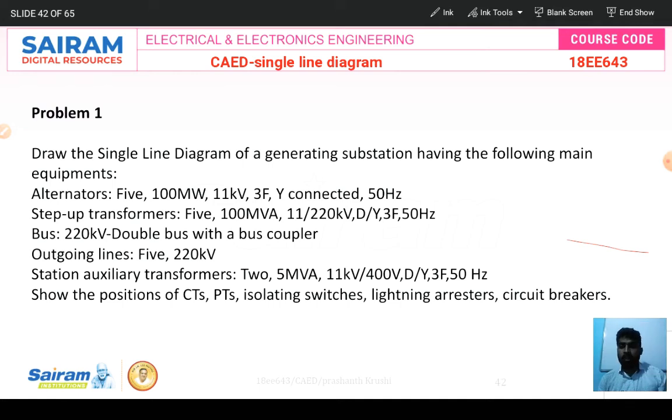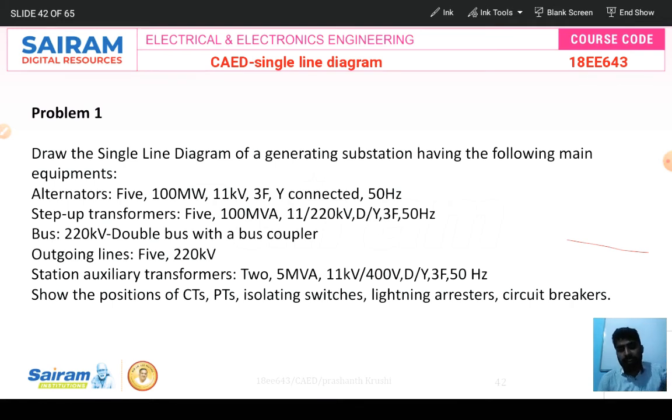Draw the single line diagram of a generating substation having the following main equipments. I have already done this problem previously, but first we'll do the problem, and then after that we'll revise using that problem.